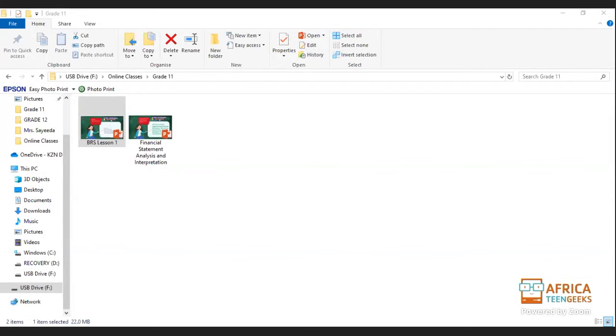Let us look at the learning outcomes. What is it that you are expected to know at the end of this lesson? You are expected to know what the bank reconciliation statement is. You'll be able to define a bank reconciliation statement, and the internal controls of the bank reconciliation statements.